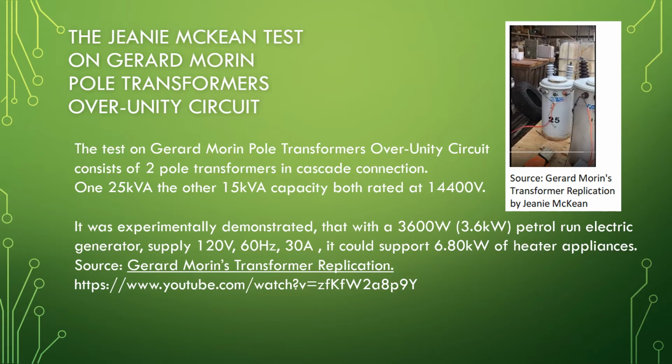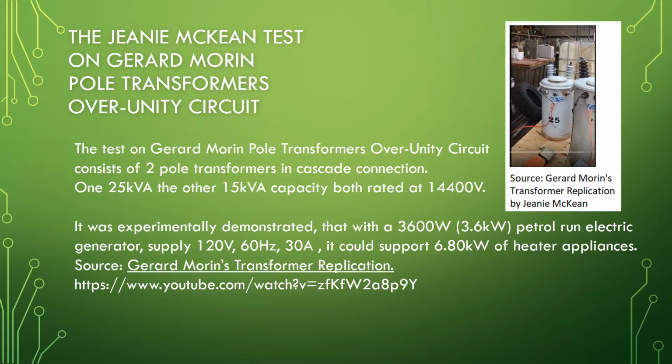The test on Gerard Morin pole transformers over-unity circuit consists of two pole transformers in cascade connection, one 25 kVA, the other 15 kVA capacity, both rated at 14,400 volts.